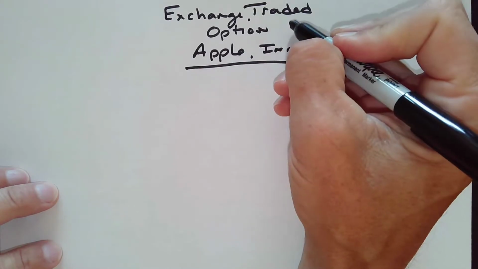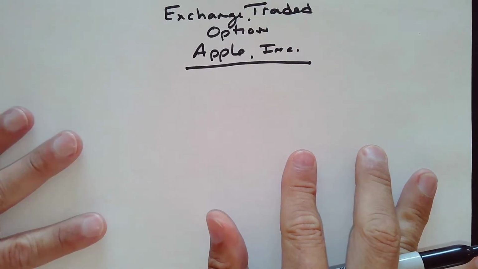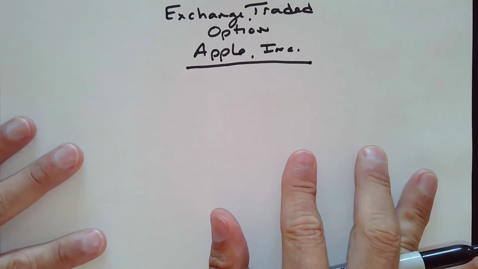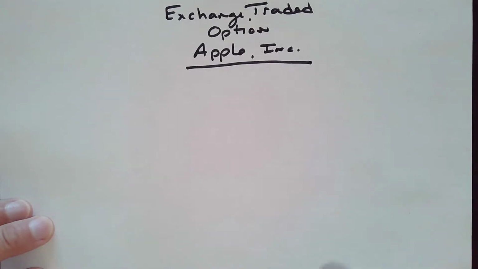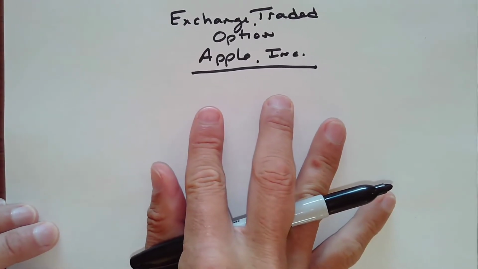If we believe this is a contract, we have two counterparties. We likely have a buyer of the option and a seller of the option. So what does the buyer get for buying this option?